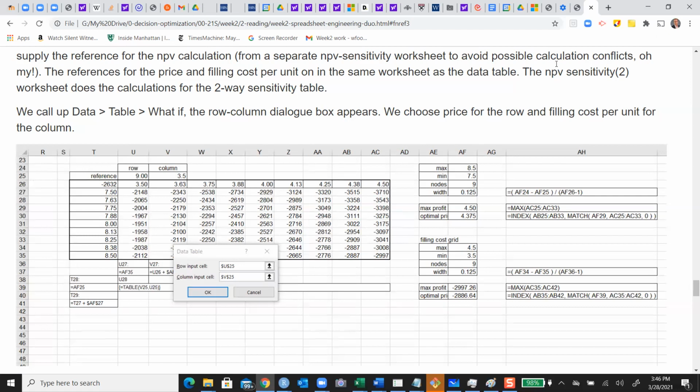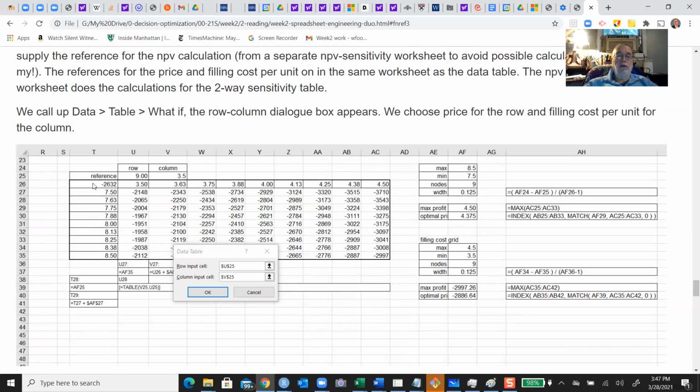Oh, I just pointed at my head. Here. And this worksheet produces a two-way table. This is price, and I have two ways of making the grid, filling cost and the price grid. In these rows are the price. In these columns are the grid of other things.